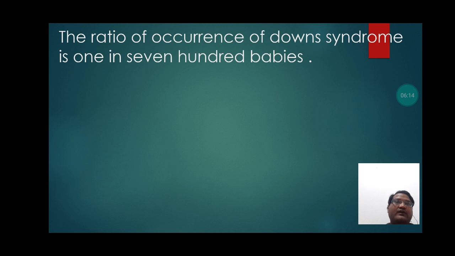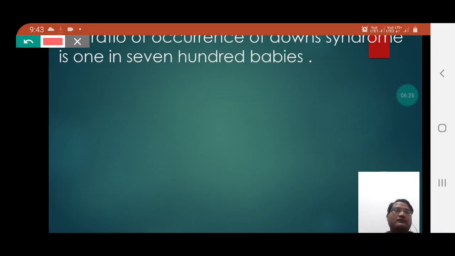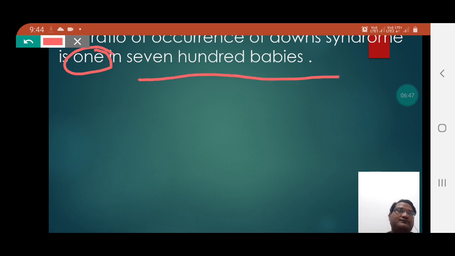The ratio of occurrence of Down syndrome is 1 in 700 babies. This is also a very important point to note that Down syndrome is not a very common disorder due to the trisomy of chromosome on the 21st position. Rather, it occurs very rarely, that is, the ratio is only 1 out of 700 babies.